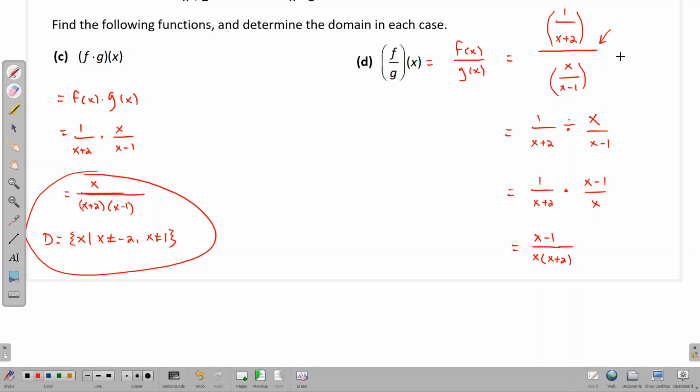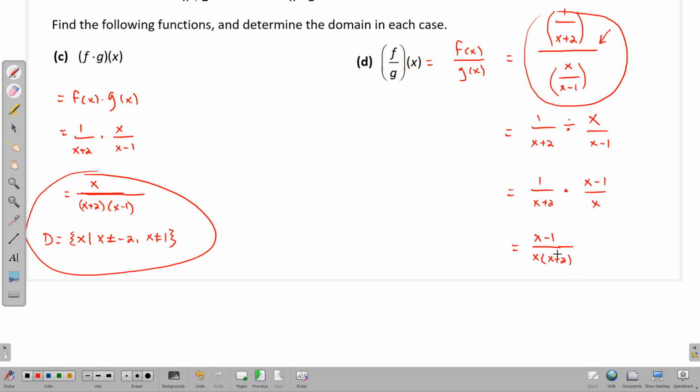We've got to come back and look at the original expression. What are the numbers you can't plug into this? Well, you can't plug in -2 because right here you'd have division by 0. But down here you can't plug in 1. 1 was excluded from the domain of g. There's no way to evaluate g of 1. But you can't see that here. It looks like you can, because of this simplifying, that got hidden.